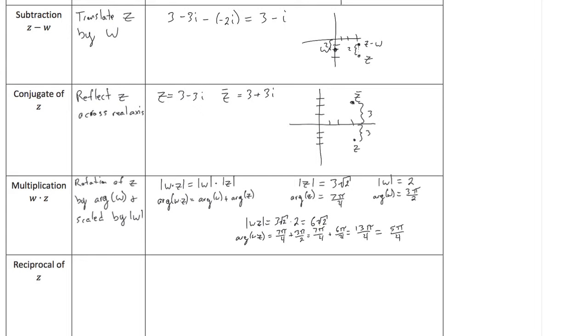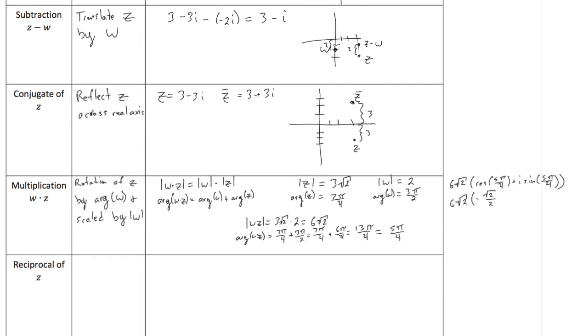Okay. And let's go ahead and take this 6 root 2 and put it in rectangular form. 6 root 2 cosine of 5 pi over 4 plus i sine of 5 pi over 4. And then this is going to be equivalent to 6 root 2 of, okay, this is still just pi over 4, just in the third quadrant. So x is going to be negative, so negative root 2 over 2.